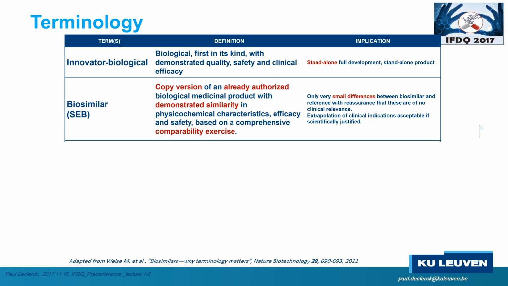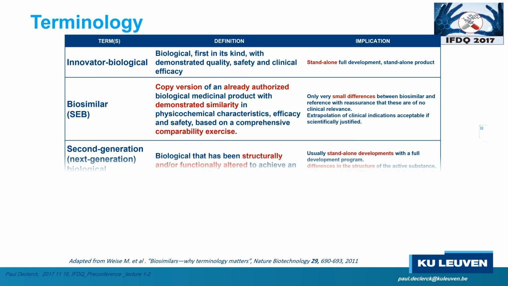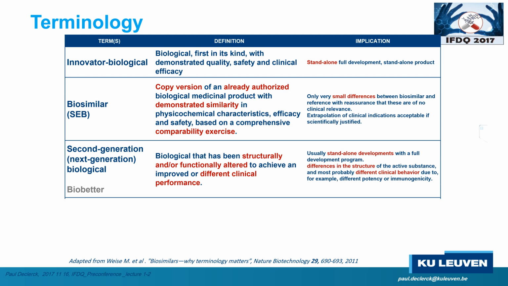And we may only detect small differences. I won't deal too much with second generation, but you know that, for instance, for erythropoietin, we have not only erythropoietin, but also darbepoietin, the longer acting version. So this is obviously not a biosimilar of erythropoietin. This is a second generation or a next generation version. Filgrastim versus pegfilgrastim, for instance.